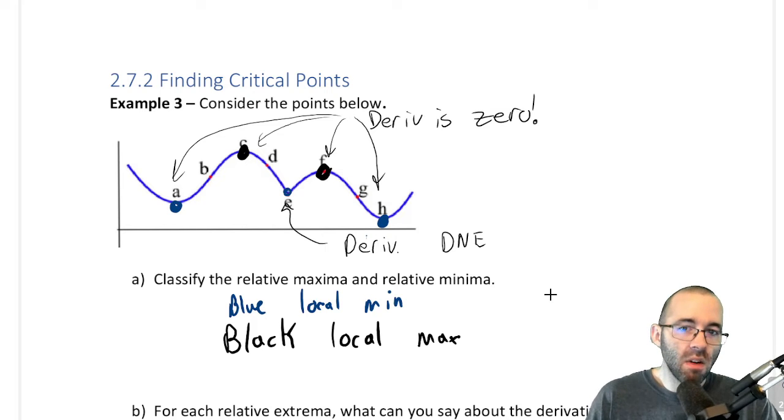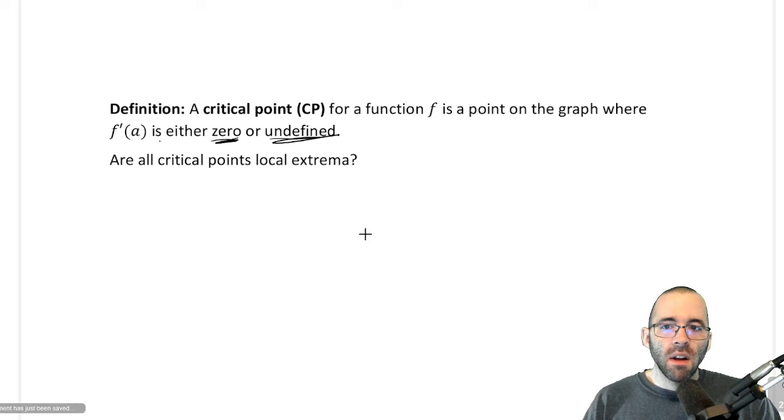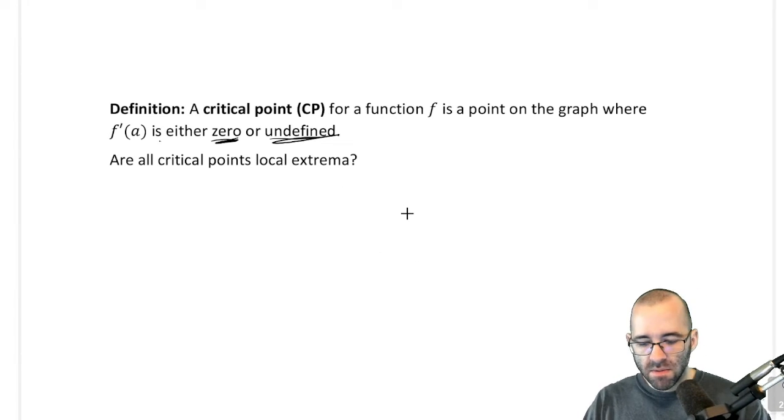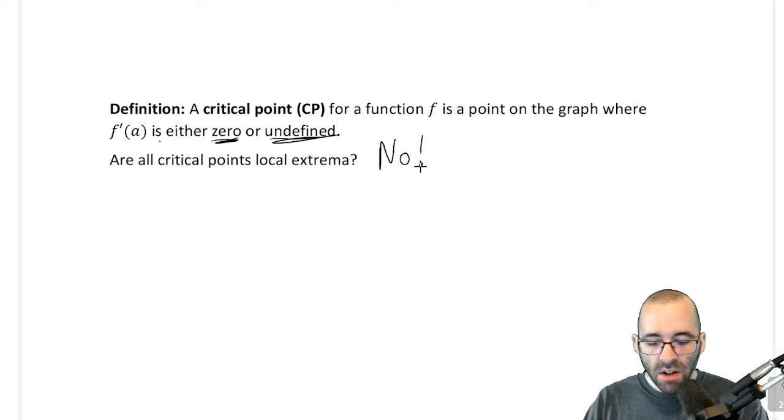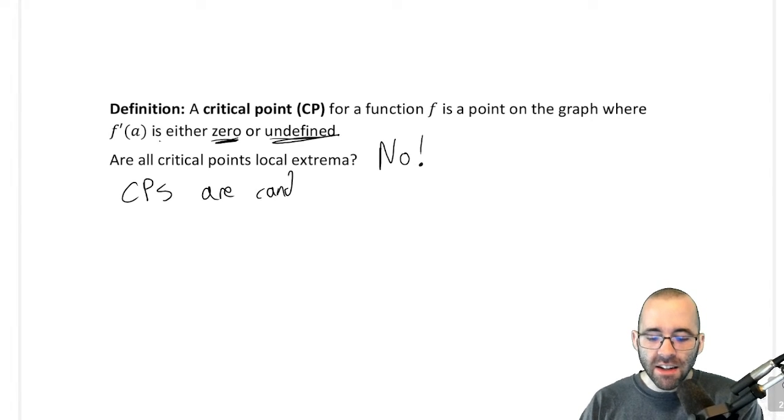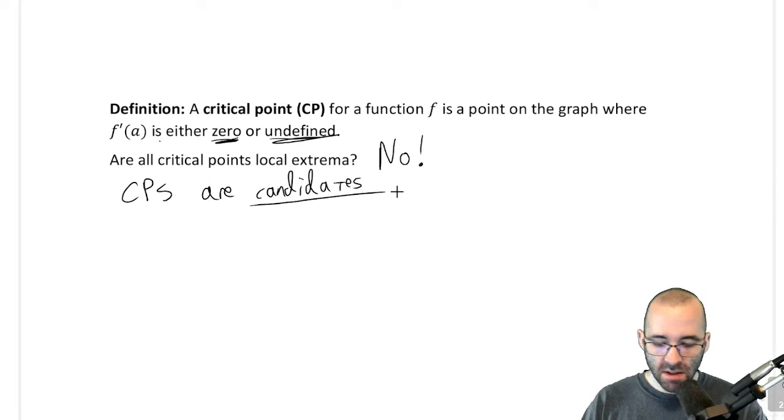The derivative is either 0 or does not exist. Now the question is, are all critical points local extrema? And the answer is no. Critical points, I'll abbreviate that CP a lot of times, are candidates. They're the possibilities.